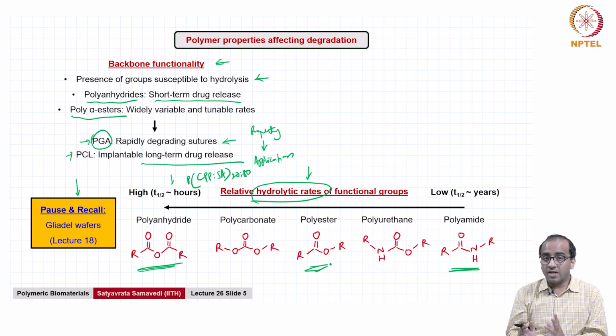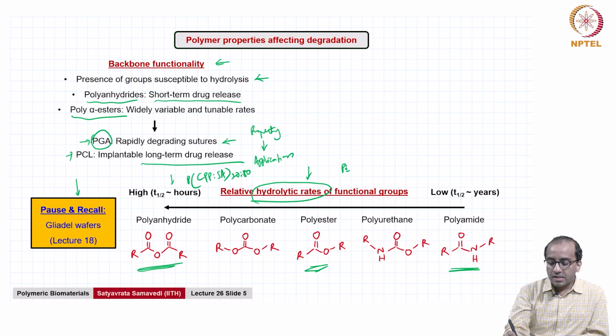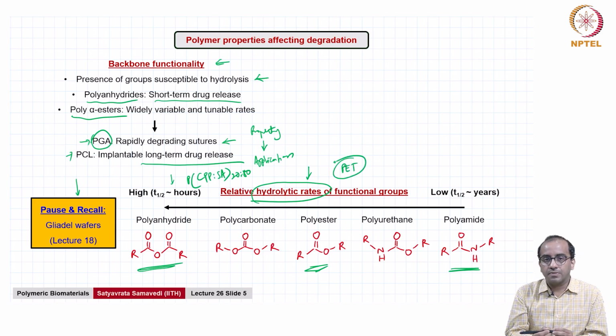So what must be kept in mind is that the functional group is just one aspect of degradation. For example, if you take polyethylene terephthalate, right, which is also a polyester, it is not going to degrade quite rapidly. It is going to degrade quite slowly. Can you, from our understanding and discussions on structure-property relationships earlier, try to understand and speculate why PET does not degrade rapidly?